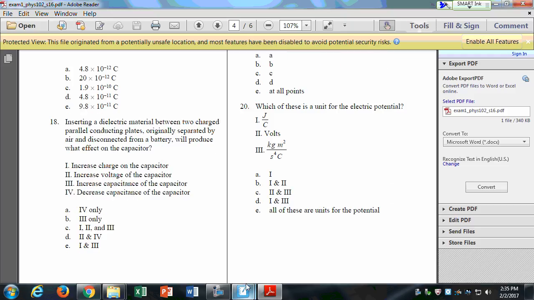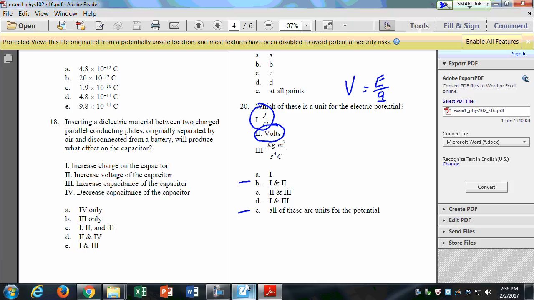So electric potential, first of all, potential is energy per charge. That's our basic fundamental idea of what potential is. A joule is energy, so joules per coulomb is energy per charge. Potential is also measured in volts, so that's also an appropriate answer. So I know it's either B or E, because I know 1 and 2 are okay.